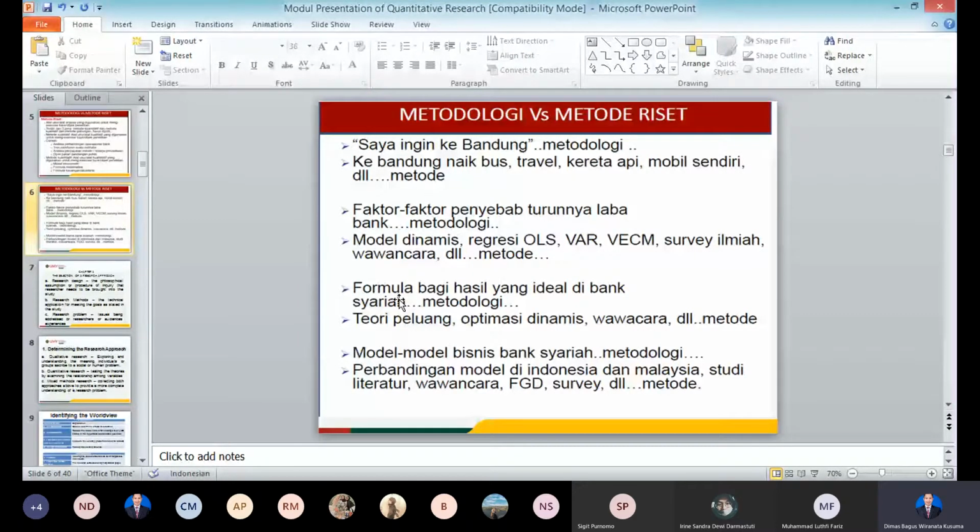Models of Islamic banking operations is the methodology; using literature, interviews, focus group discussions, surveys, and others are methods. So those are the overall and general descriptions about methodology and method in research.